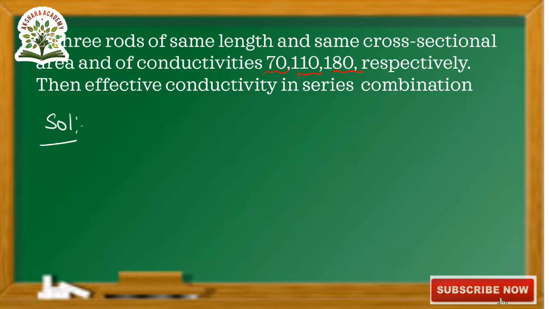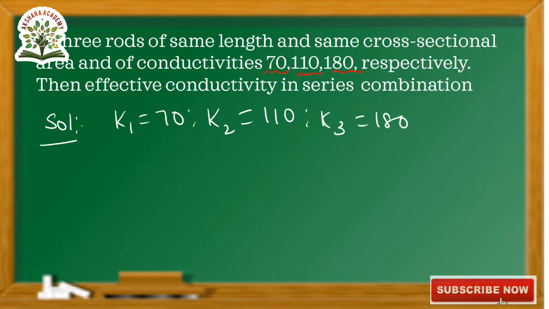In series combination, when the three rods are of same length and same cross sectional area, with conductivities 70, 110 and 180, here given K1 is equal to 70, K2 is equal to 110 and K3 is equal to 180. So we are writing the formula: N by K is equal to 1 by K1 plus 1 by K2 plus 1 by K3.